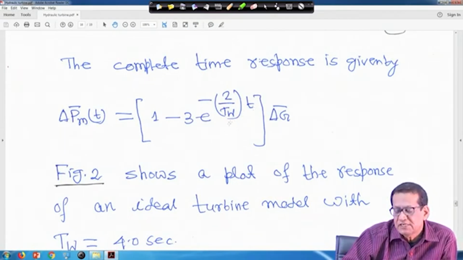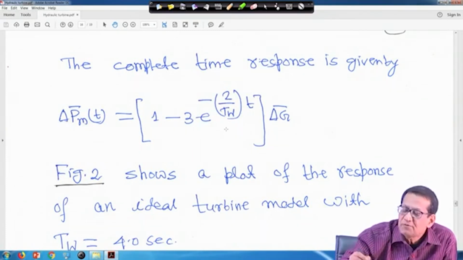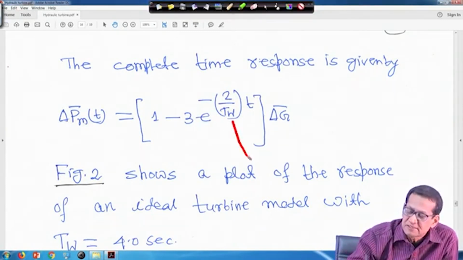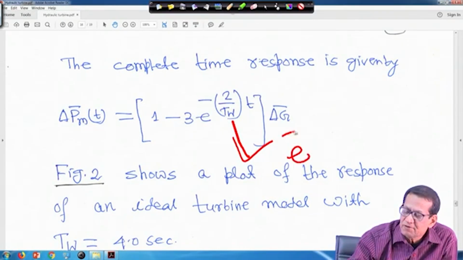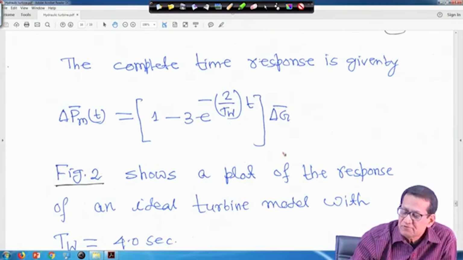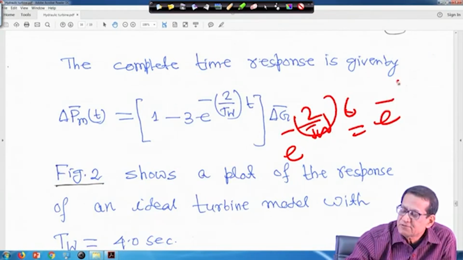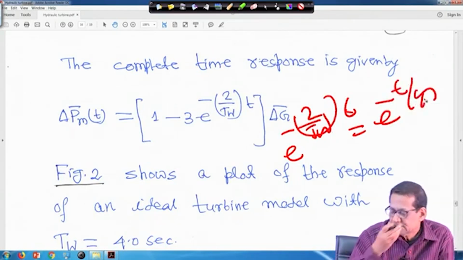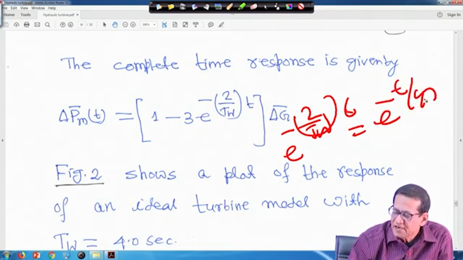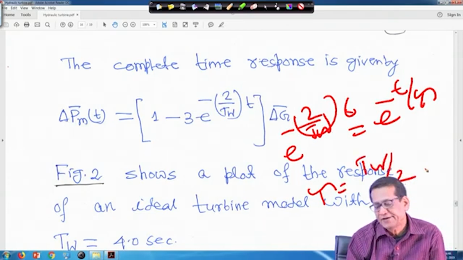So tau will be T w by 2 seconds. This equation can be written as e to the power minus T by tau, where tau is the time constant and tau is equal to T w by 2.